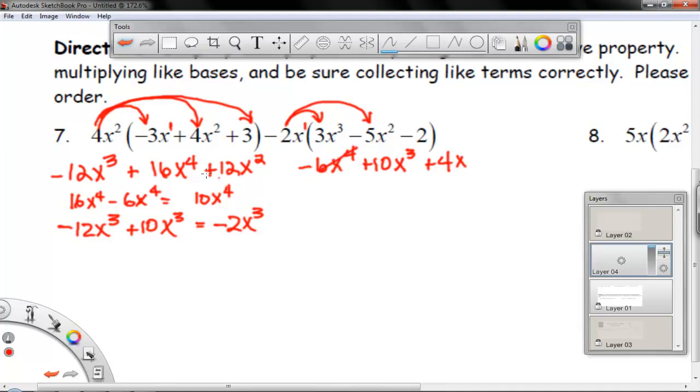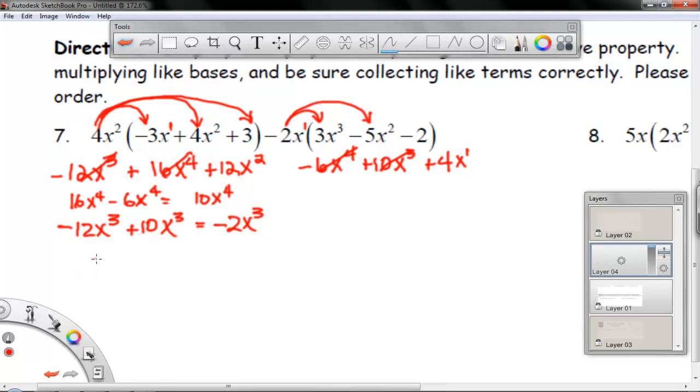So now I've done that piece, I've done that piece, I've done that piece, and I've done that piece. Now we look at the last little bit. Well, I don't have another x squared term, and I do not have another x to the first term, so those will just move forward.